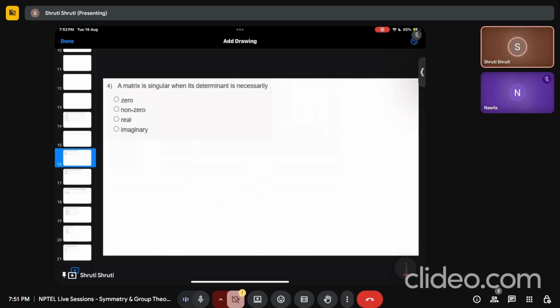Fine. Then a matrix. I think today's assignment is very easy. A matrix is singular when its determinant is necessarily zero. Yeah, that's it. And determinant is not defined for what type of matrices?